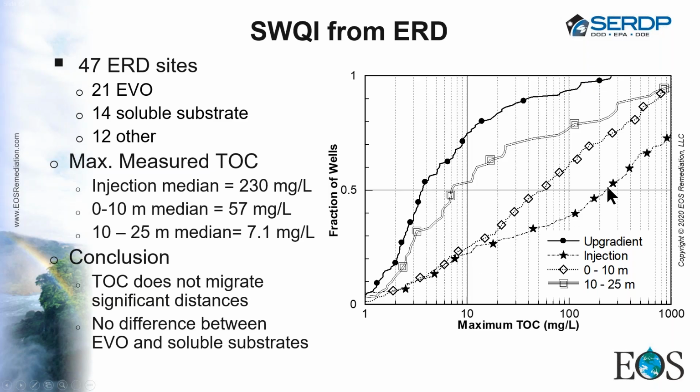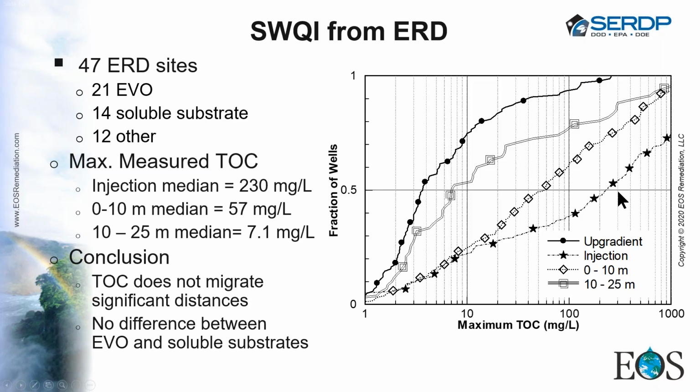If you go into monitor wells anywhere between 0 and 10 meters down gradient, the maximum TOC ever observed is about 50 or 60 milligrams per liter, 57 milligrams per liter.